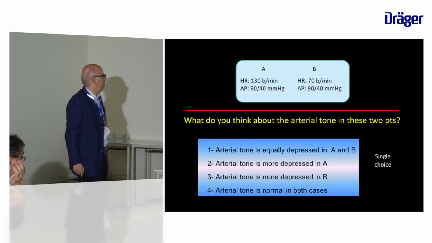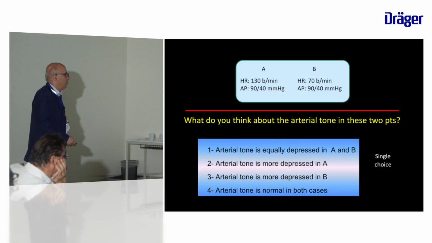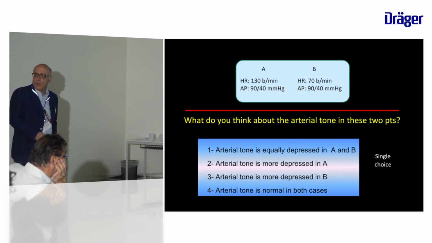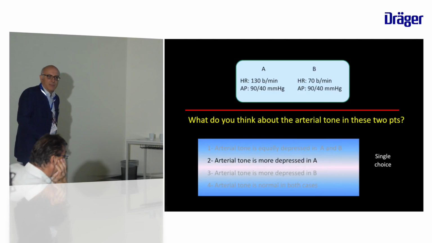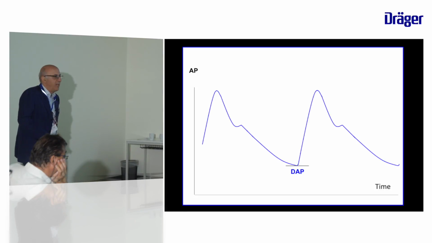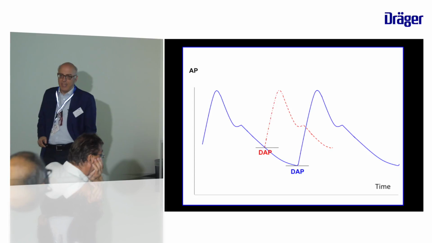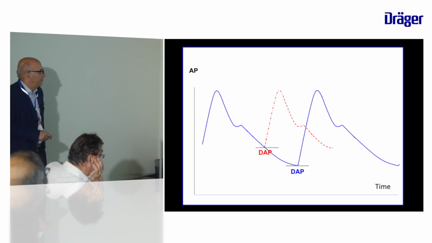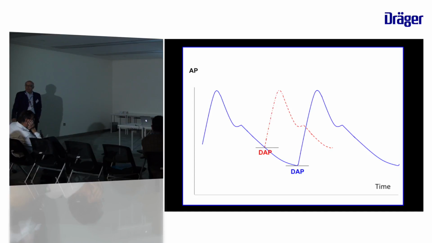Second. Do you all agree? So it's the second one, because if you increase the heart rate, you compensate, you would expect a higher diastolic pressure when you have an increase in the heart rate.